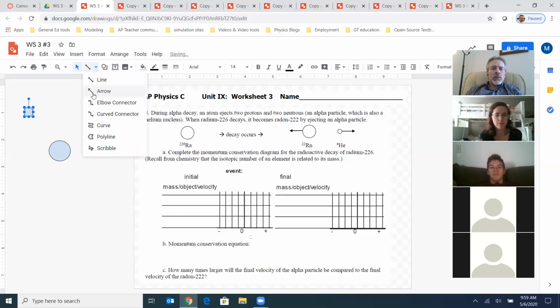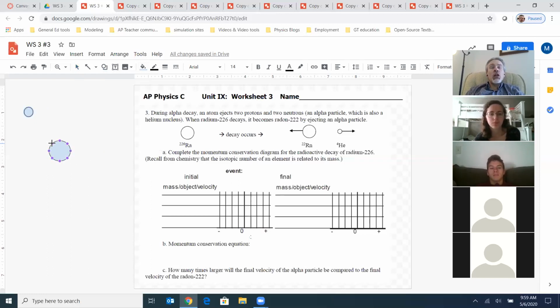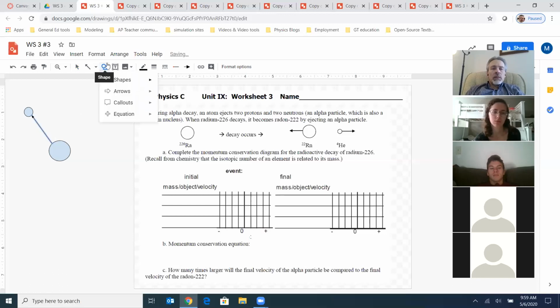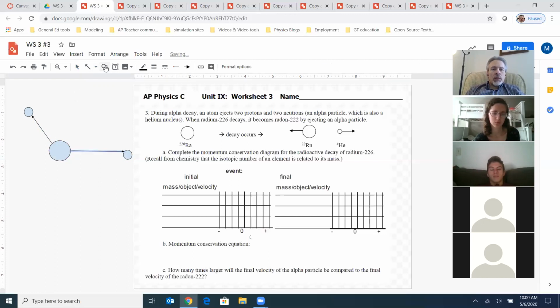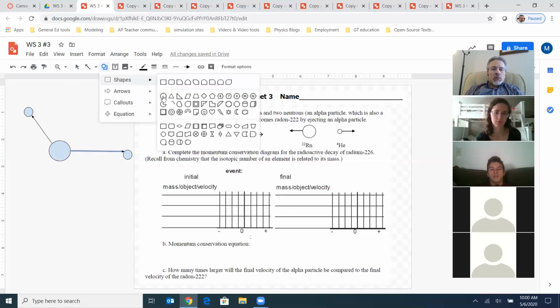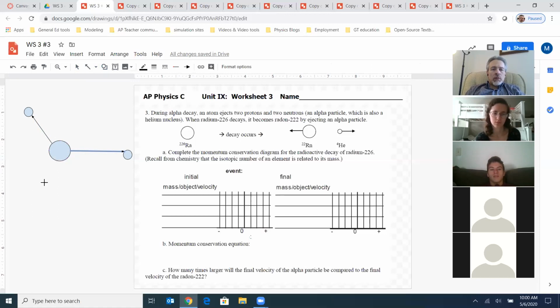Oh, by the way, they call these things daughter particles, if you're wondering. Let's say we have another one that shoots out this way, and then maybe we have one more that shoots down this way somewhere.